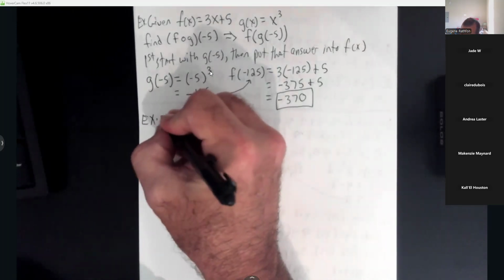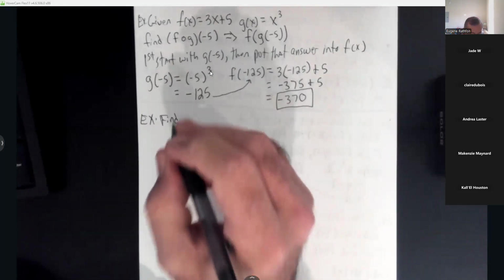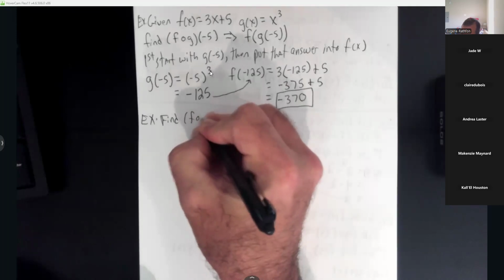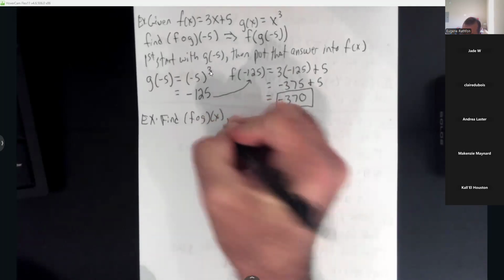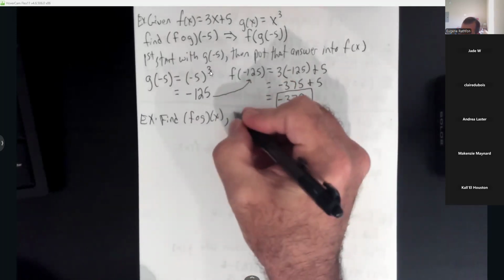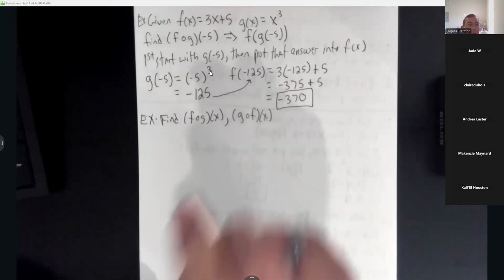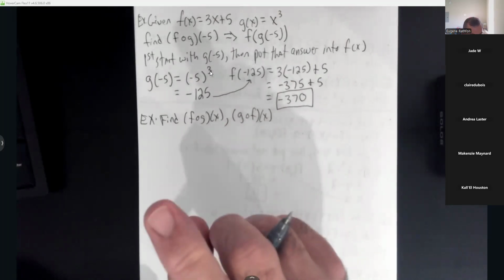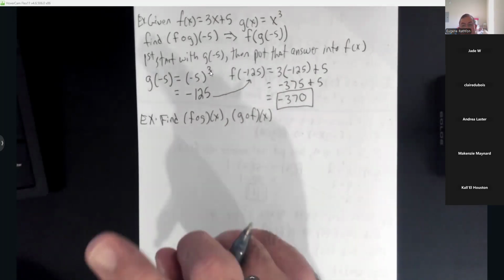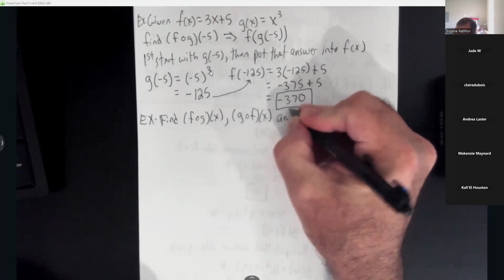So for this one, they want me to find f of g of x, g compose f of x. So they want me to find both of these and the domain of each.